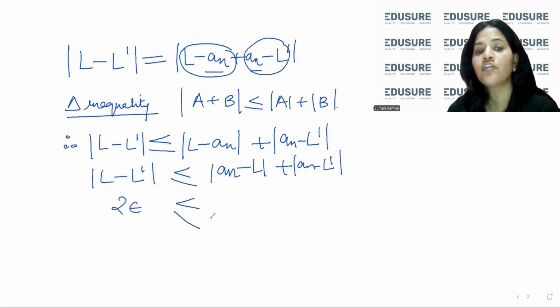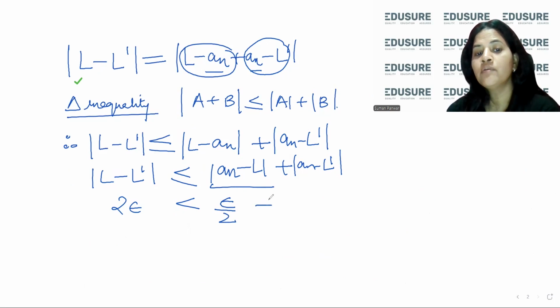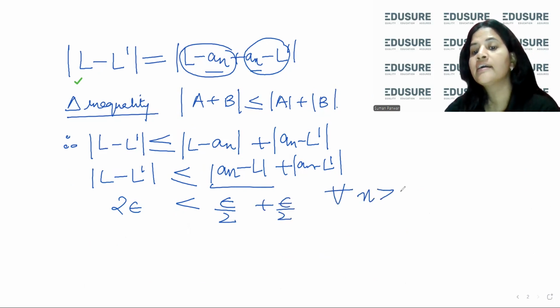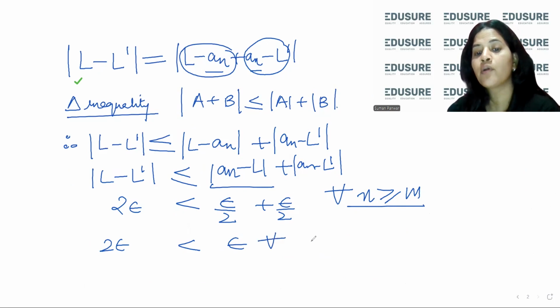This is less than or equal to: |a_n - L| is less than epsilon by 2, so therefore we will have a strict inequality sign, epsilon by 2 for all n greater than or equal to M. So 2 epsilon will be less than epsilon for all n greater than or equal to M.